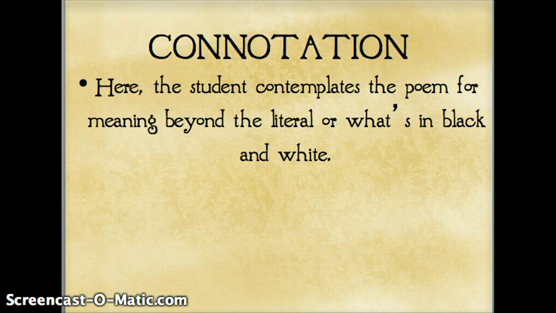You focus clearly on how those devices contribute to the meaning or the effect of the poem, what the author's or poet's intent was. And here you think about a variety of aspects. You think about figurative language, symbolism, word choice. Another word for that is diction, point of view, sound devices. The important part of this step is to remember that thinking about how all these elements combine to create meaning.